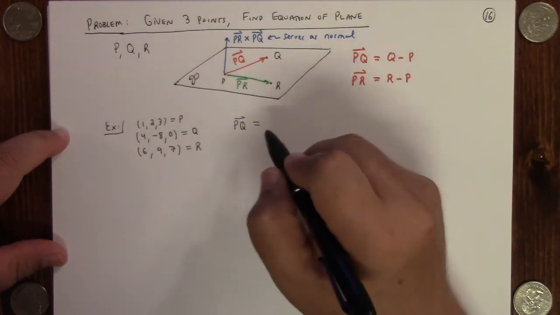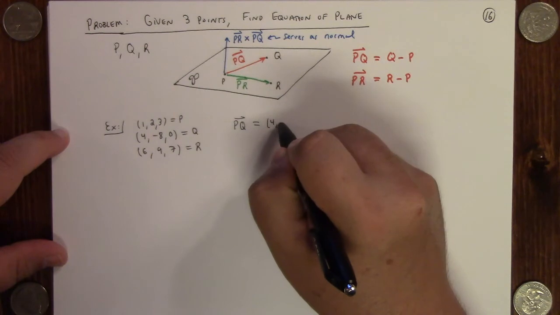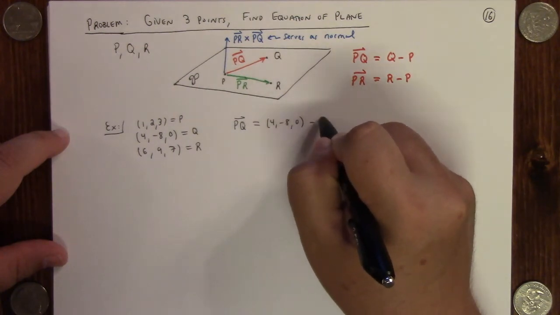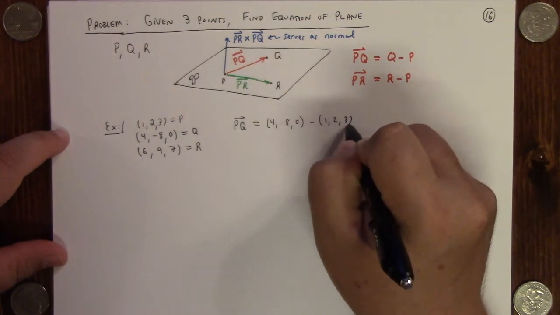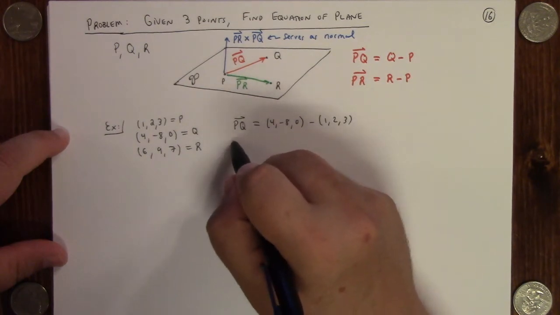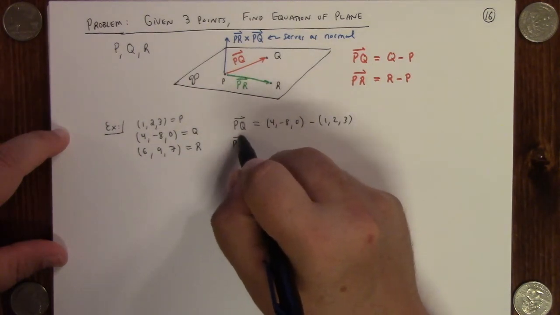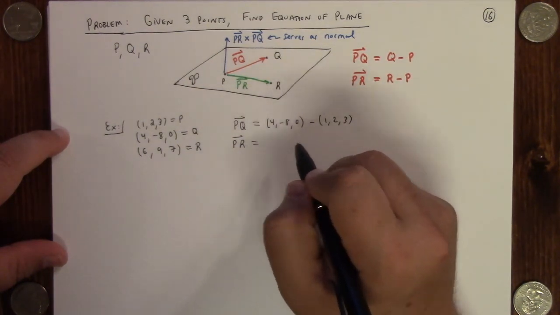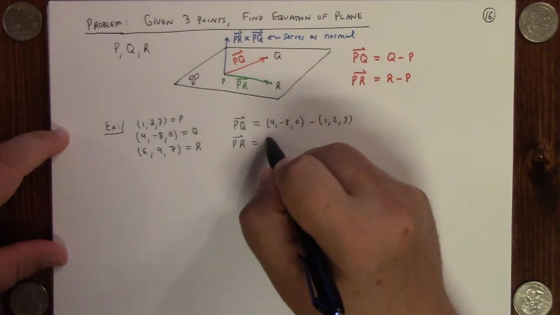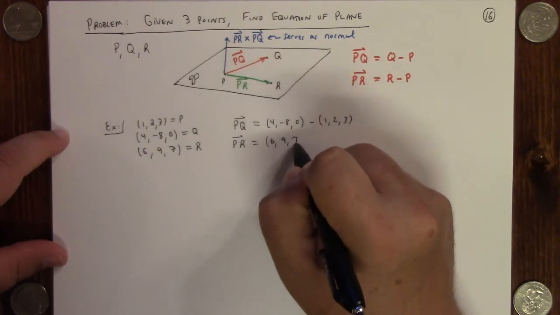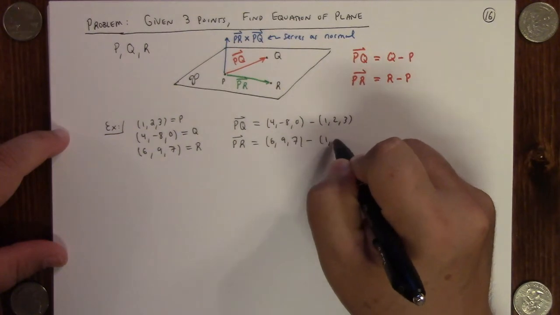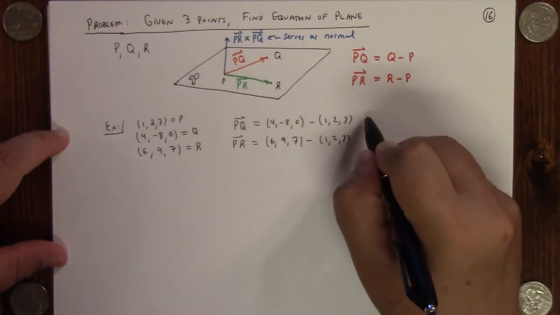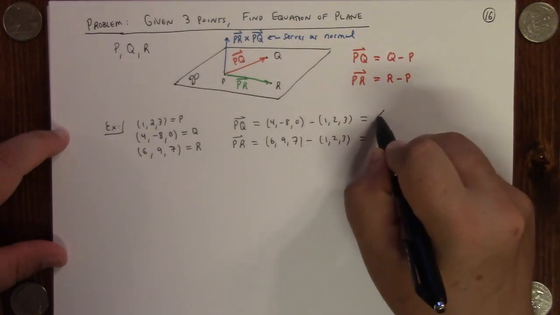PQ is supposed to be 4, minus 8, 0, minus 1, 2, 3. PR would be 6, 9, 7, minus the base point 1, 2, 3. All right, so what are those?